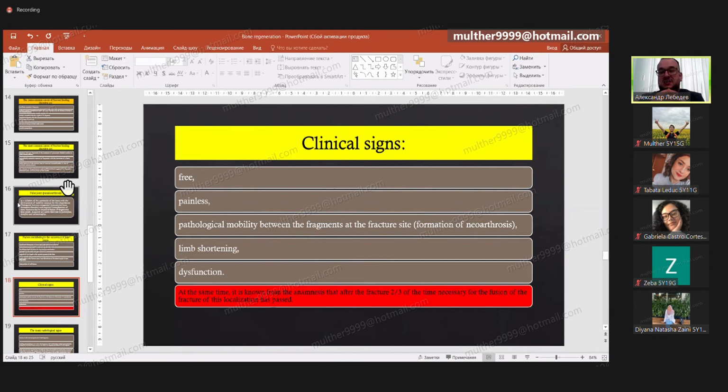That's why, when you describe the pathological mobility, how do you check it? It's not your patient showing, you examine the pathological mobility, for example, mid-shaft of the forearm. But if after 9 months of trauma our patient has a pseudoarthrosis, you tell your patient, please show me how you move, and the patient can do that by himself.